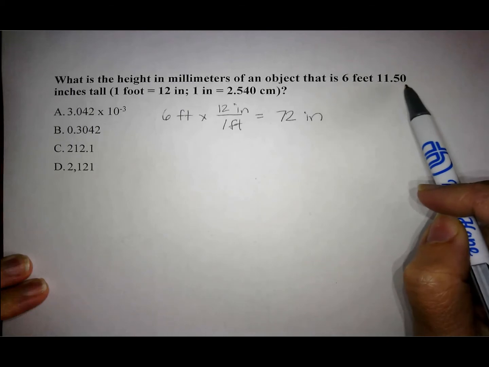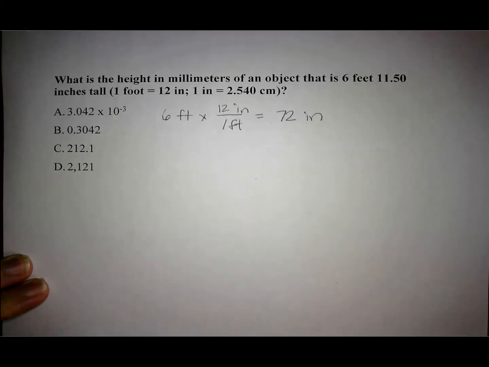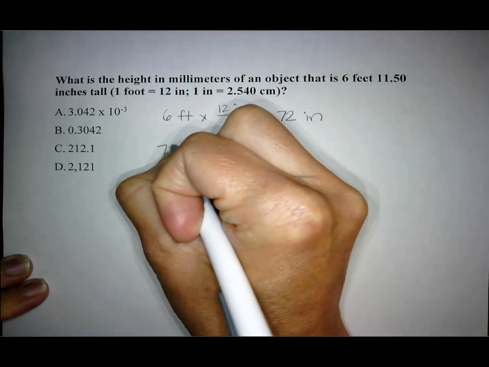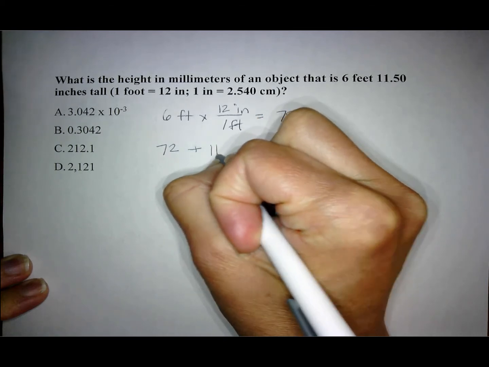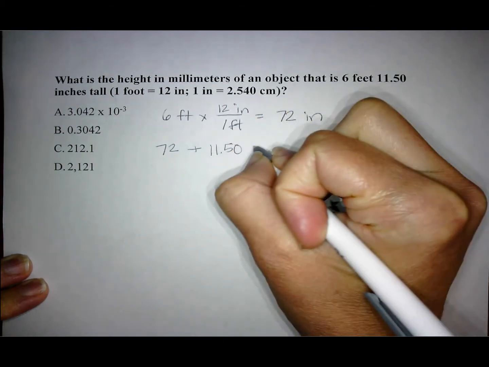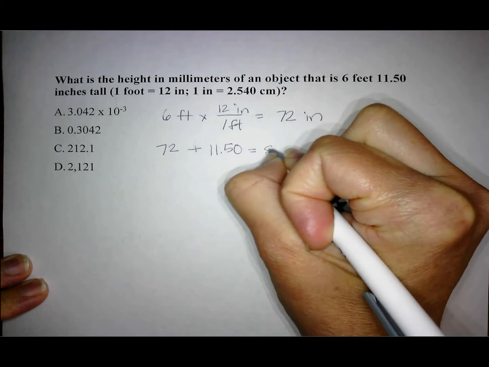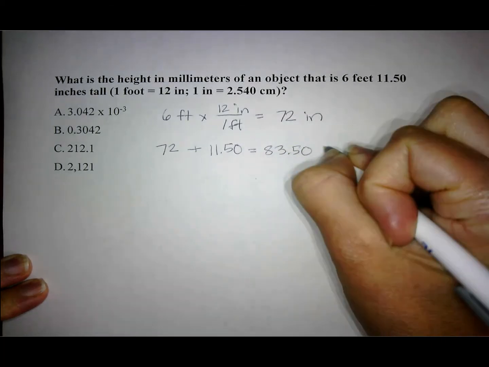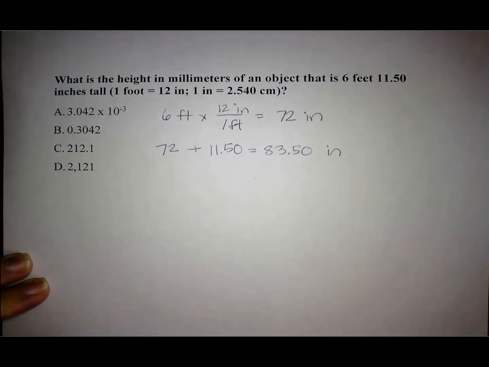We also have an additional 11.50 inches. So 72 plus 11.50 gives us 83.50 inches total.